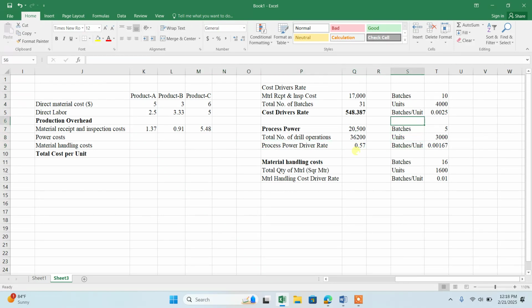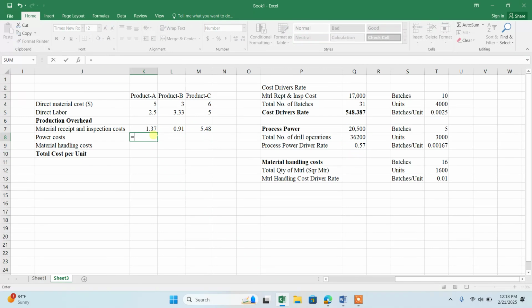We don't need this practice again because we already have the batches data for each unit. Again I'm repeating, this means one drill costs me 0.57, or I can say 57 cents.